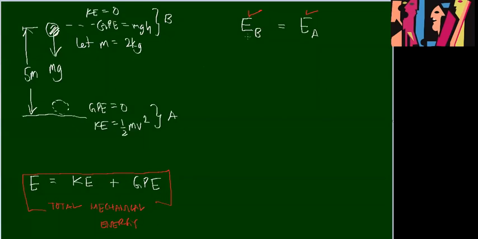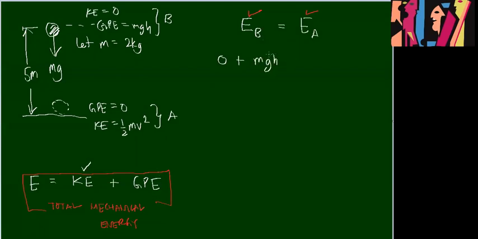Let's look at the left-hand side. What's the total mechanical energy of the object before it falls? Well, it's the kinetic energy before the object falls, that's 0, plus the gravitational potential energy of the object before it falls, mgh.